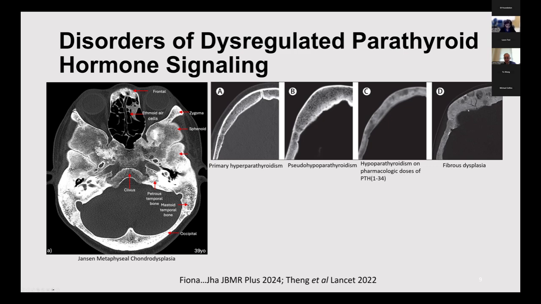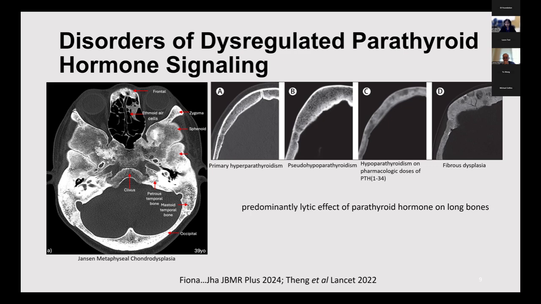And so clearly, we can appreciate that while the effect of excess PTH signaling on bones that undergo endochondral ossification appears to be predominantly lytic, its effect on bones that undergo intramembranous ossification appears to be mostly proliferating or expansile.